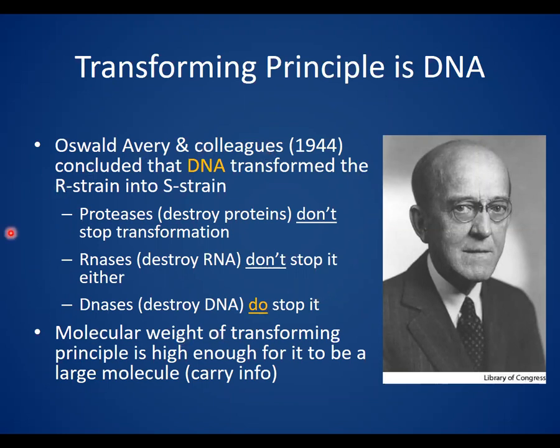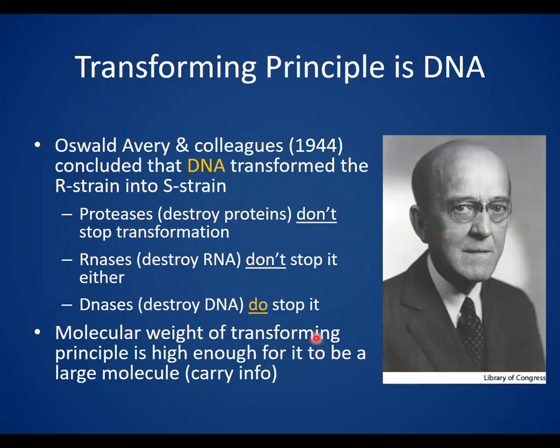So he systematically tested the 3 large molecules that most people thought were likely to be the genetic material. And by process of elimination, not protein, not RNA, probably DNA, came to the conclusion that the transforming principle was DNA.